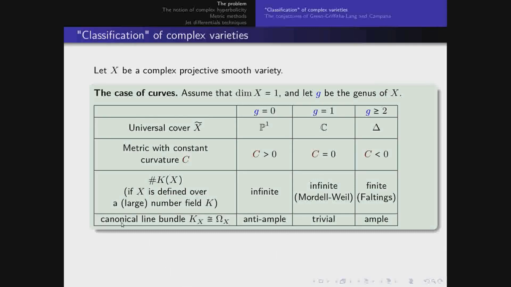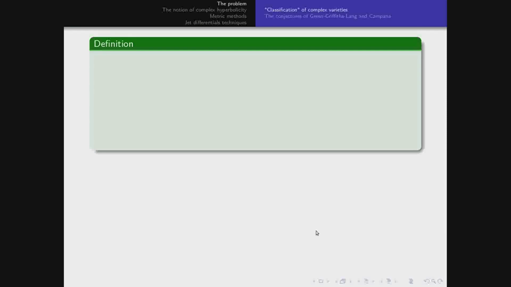You can remember these properties, which are very important and are the basics of what will come when we try to extend this description to the higher dimensional case, since, as in the case of curves, the positivity property of the canonical line bundle will govern a large part of the geometry of the manifold in higher dimensions.